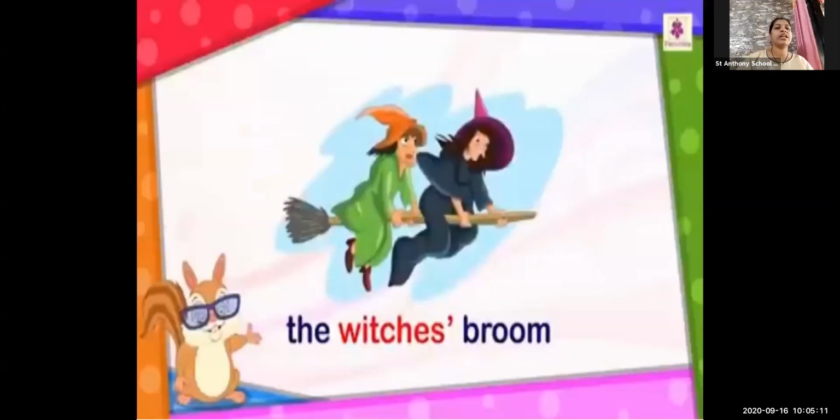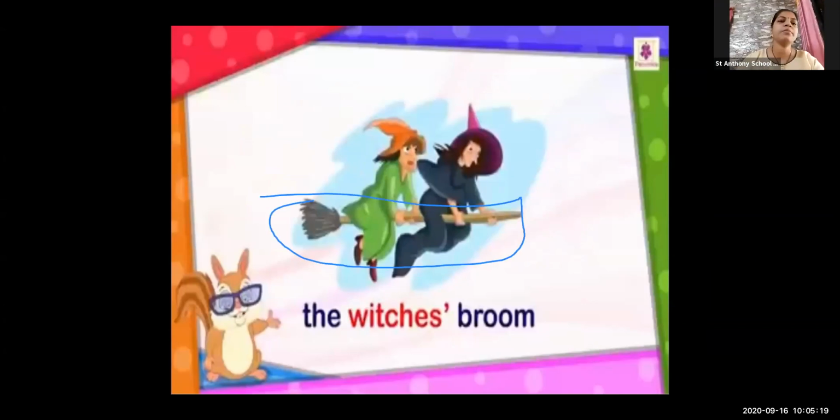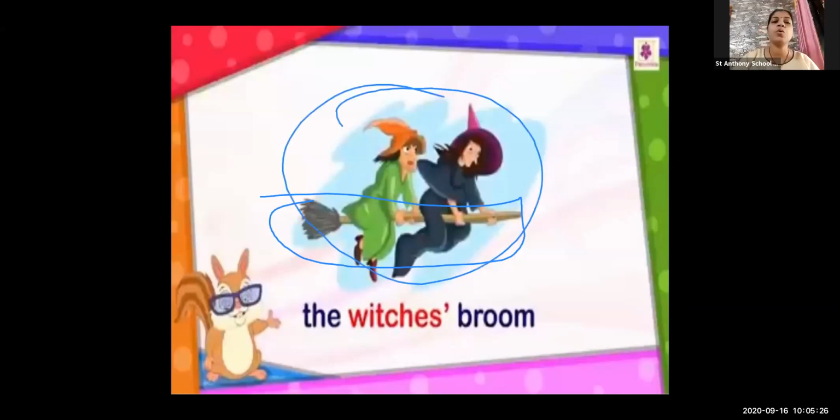Now let's see with an example. Now the broom is only one. You can see over here this broom, only one broom is there. But how many witches are sitting over there? Two witches. So whom does it belong to? The broom is of both of them, not the singular. Plural witches are there.